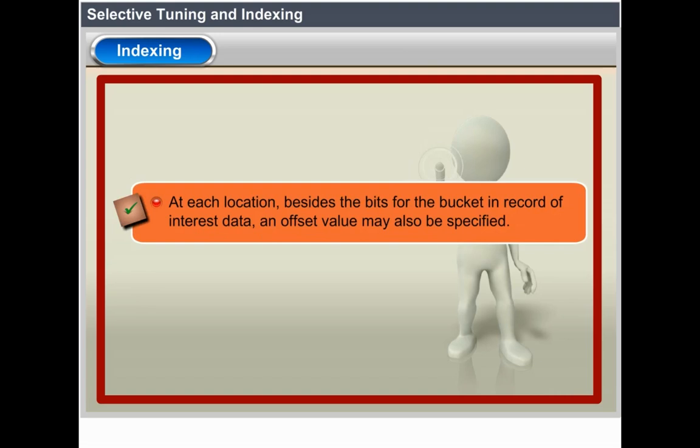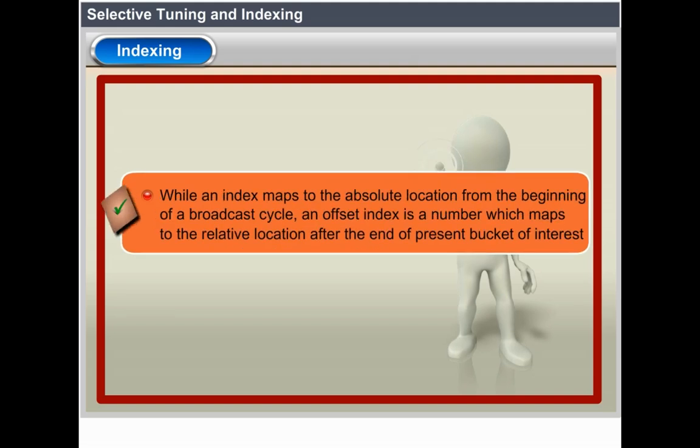At each location, besides the bits for the bucket or record of interest data, an offset value may also be specified. While an index maps to the absolute location from the beginning of a broadcast cycle, an offset index is a number which maps to the relative location after the end of the present bucket of interest.